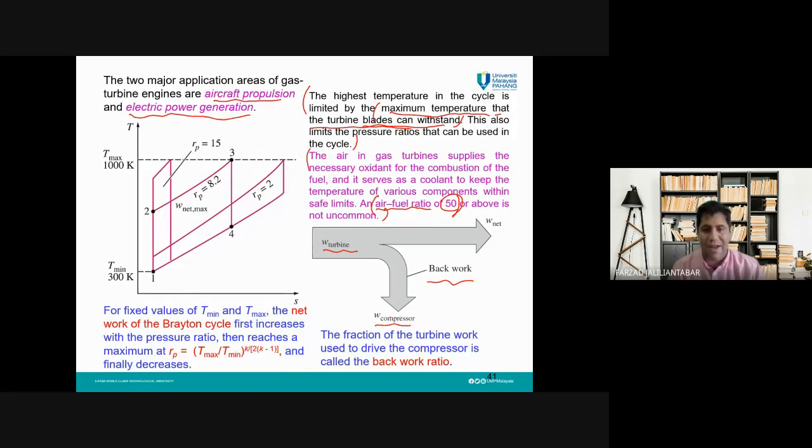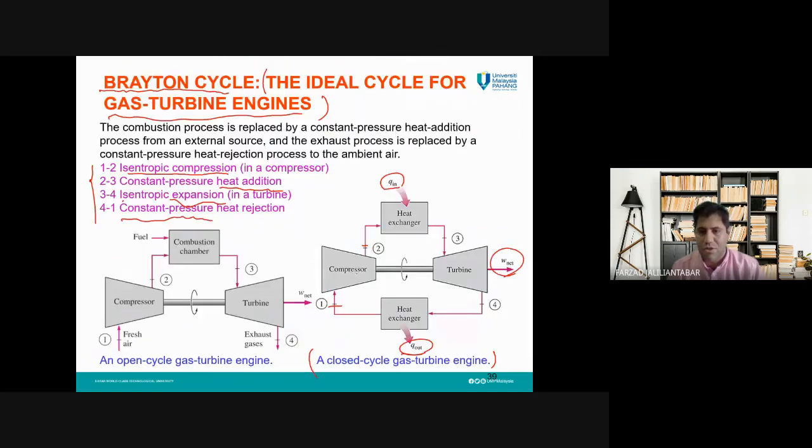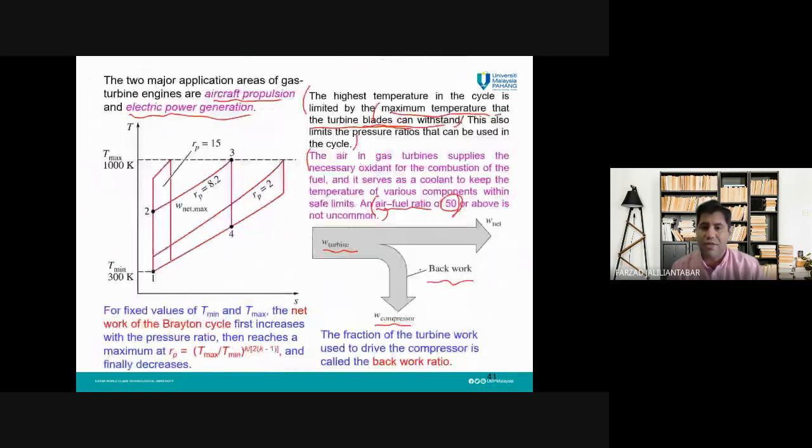If you see the arrangement here, the compressor is attached to the turbine by a shaft. And you know that the compressor needs a power input. The compressor uses power to compress the fluid, which is air here.